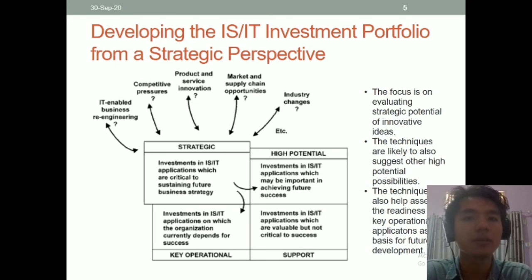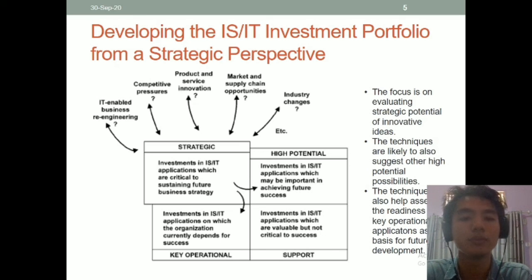The strategic investment portfolio is investments in ISIT applications which are critical to sustain future business strategy, which goes to high potential investment in ISIT applications, which may be important in achieving future success, and to key operational investment in ISIT application on which the organization is currently depending for success.